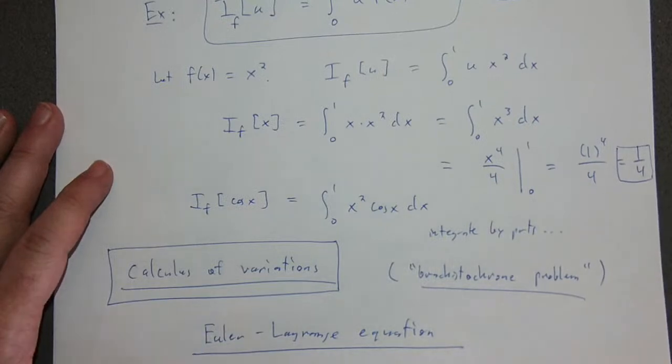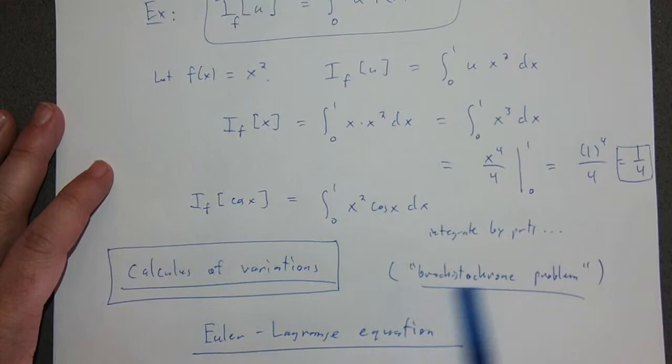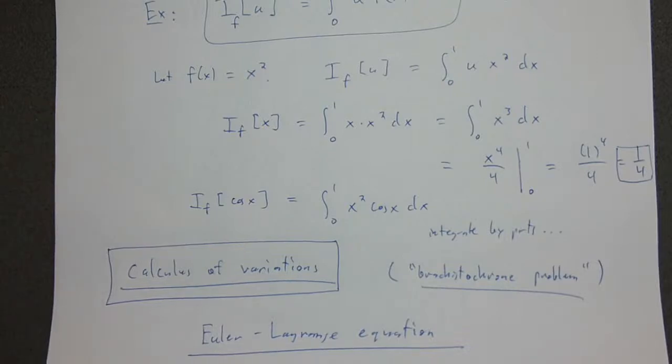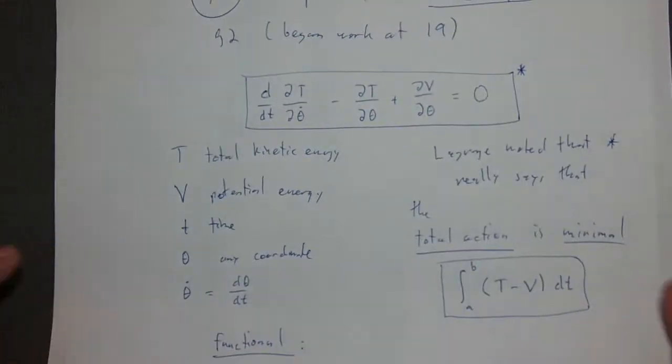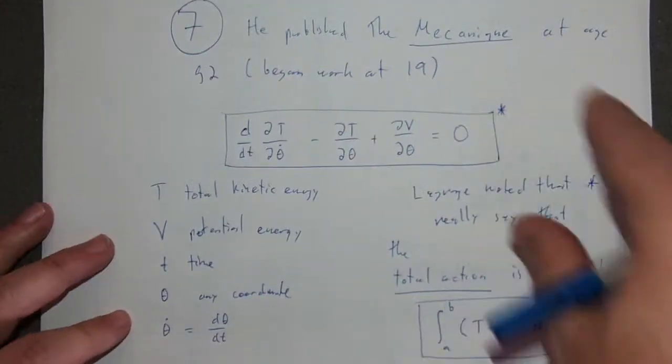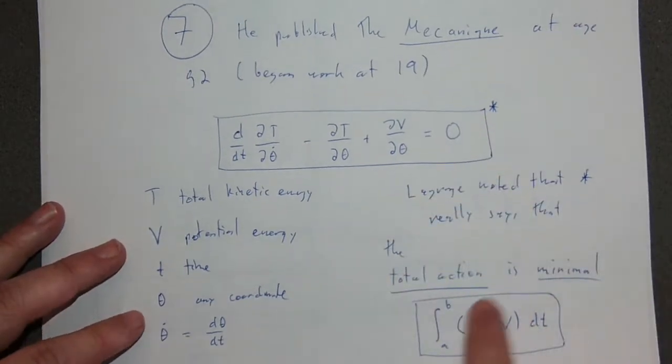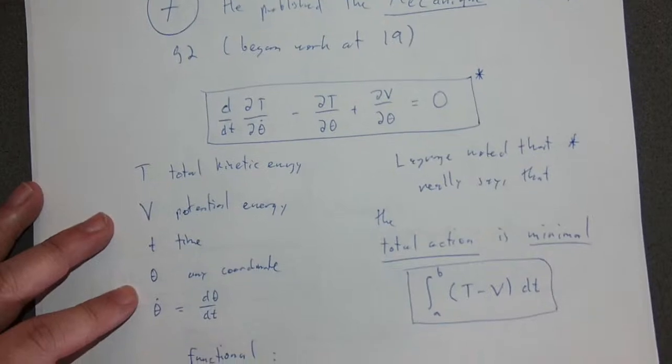So calculus of variations was worked on clearly with the brachistochrone problem. Euler did some work in it. That's why he gets his name on this too. But Lagrange was the first to actually fully write down the basics of calculus of variations, and he did that in the Mécanique and in the context of minimizing this total action integral.